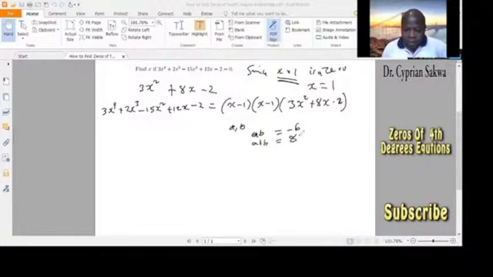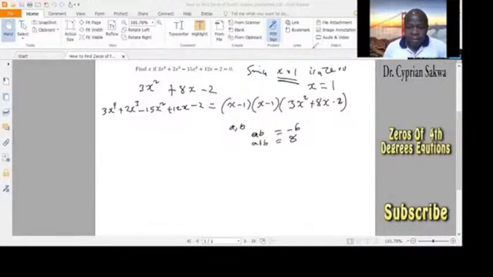I'm looking for two terms which when multiplied give us negative 6, and when added give us 8. Those two terms are not there. I cannot see them. Maybe you can see them, but I cannot. So since I cannot see them easily, let me just use the quadratic formula.